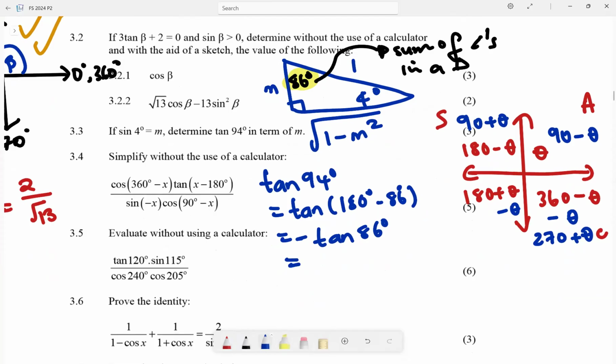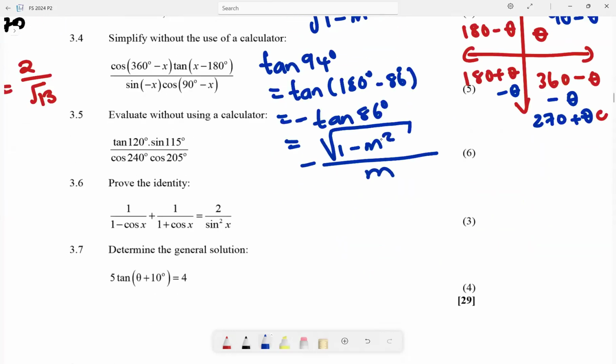Tan is opposite over adjacent. My opposite is square root of 1 minus m squared divided by my adjacent, it is this one, m. Remember, don't forget the negative like that. Do you still remember you also got the same answer like that one?